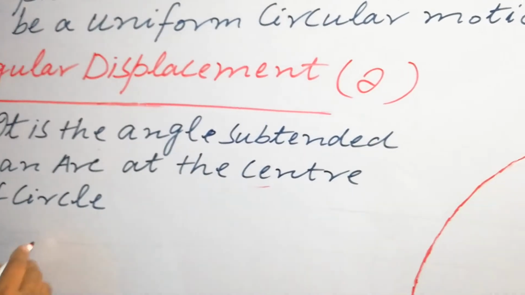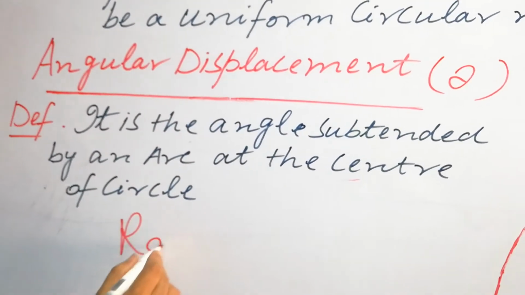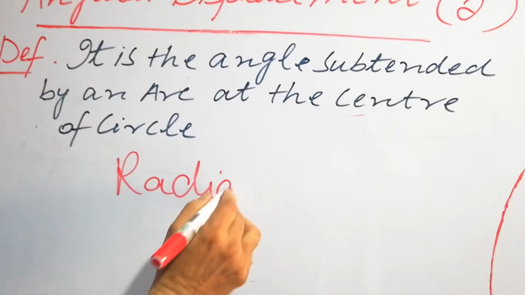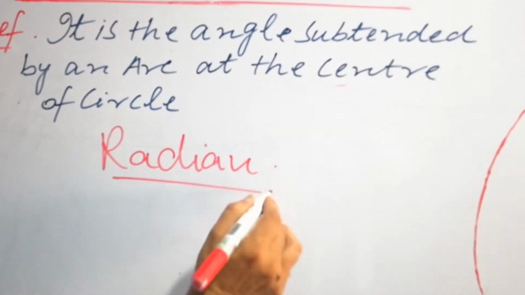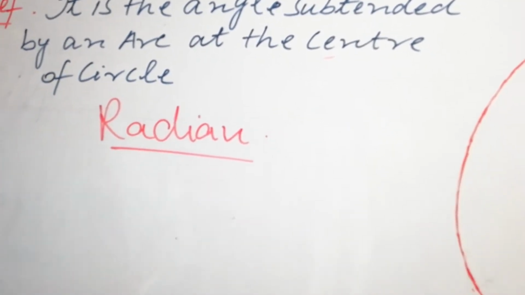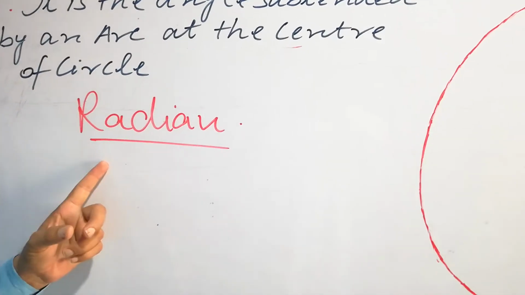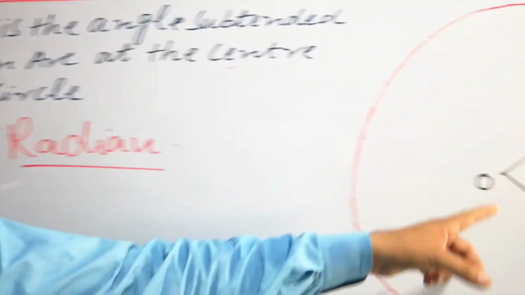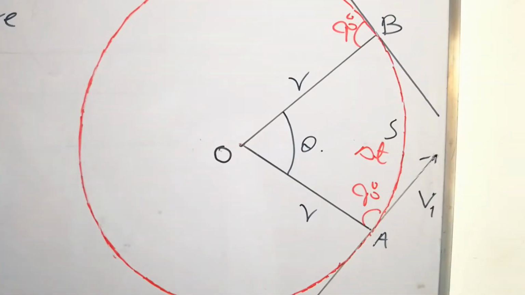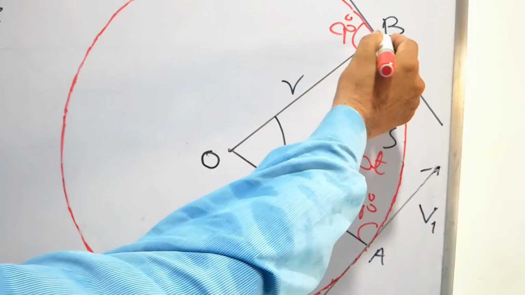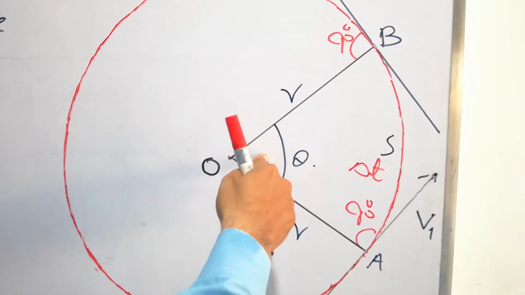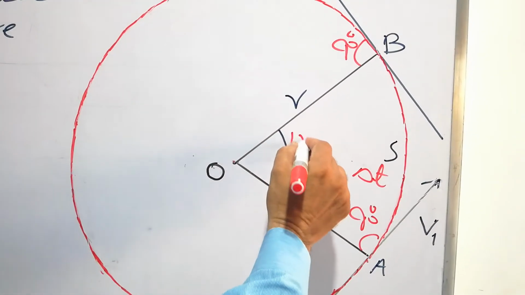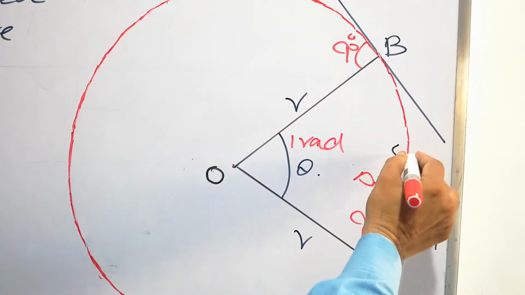Its SI unit is the radian. The SI unit of angular displacement is the radian. What is the definition of radian, students? Look at the diagram. It is the angle subtended by an arc at the center of the circle whose length is equal to the radius of the circle.